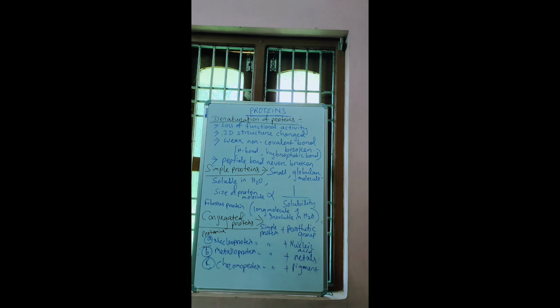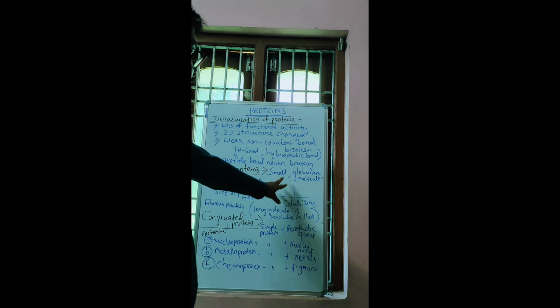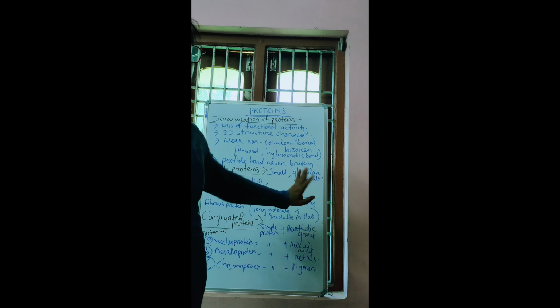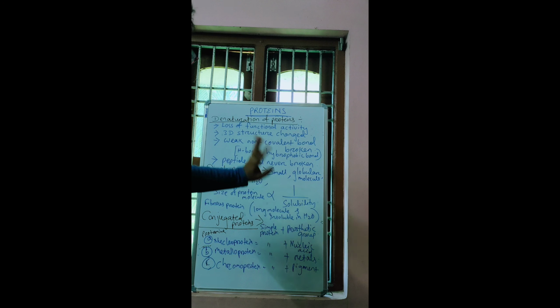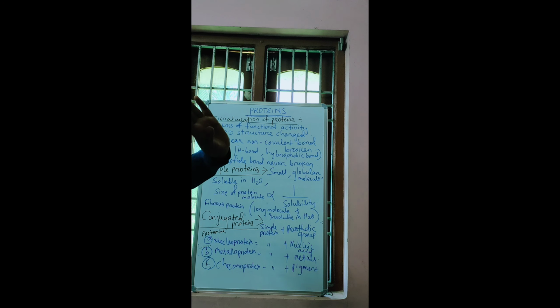There are two different types of proteins: simple proteins and conjugated proteins. Simple proteins are small globular molecules, soluble in water. The size of the protein molecule is inversely proportional to its solubility.